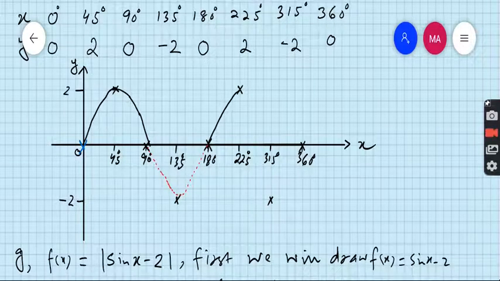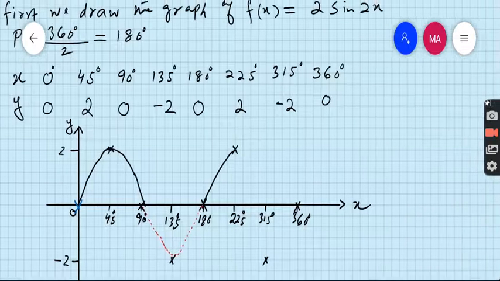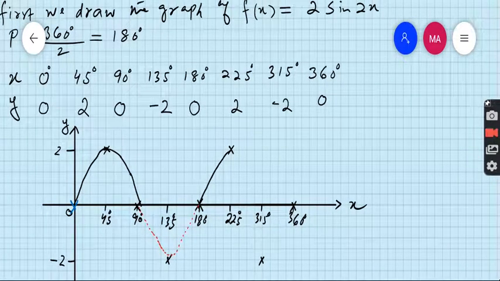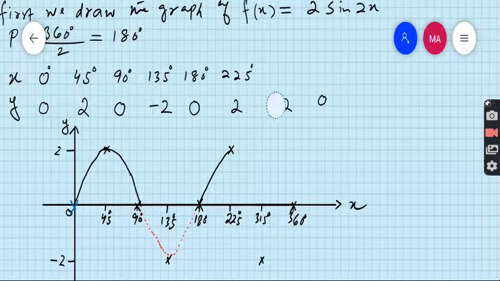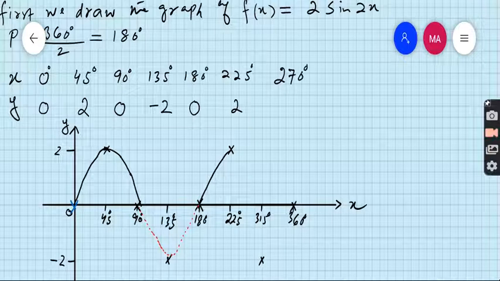Kindly wait. I am checking. Is there any mistake? Yes, because I forgot to write the value of 270 degrees, 315 degrees and 360 degrees. That is why one point was missing.